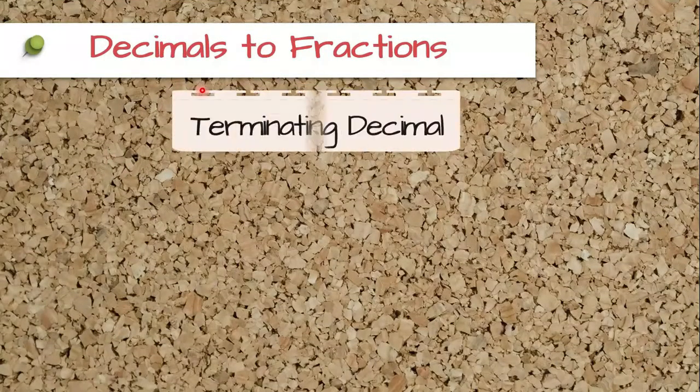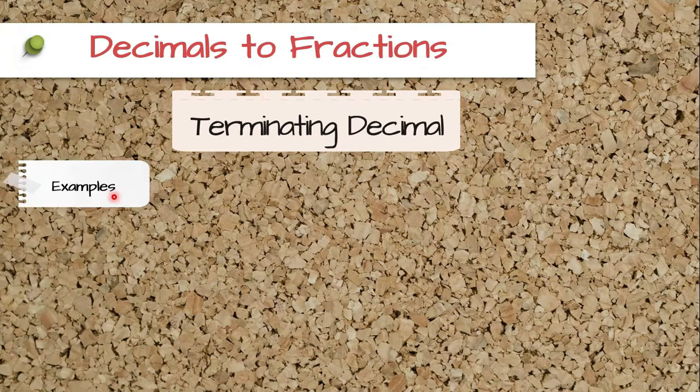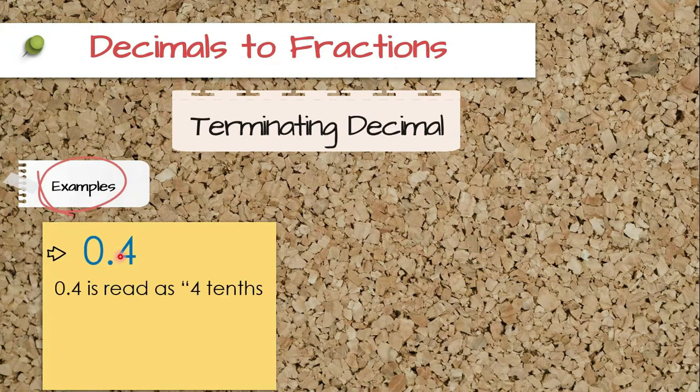Decimals to fractions. Terminating decimal. Example, 0.4. It is read as 4/10. Let's take a look at the first digit, which is 4, the first digit after the decimal point. We're going to write 10 as the denominator because that is tenths.